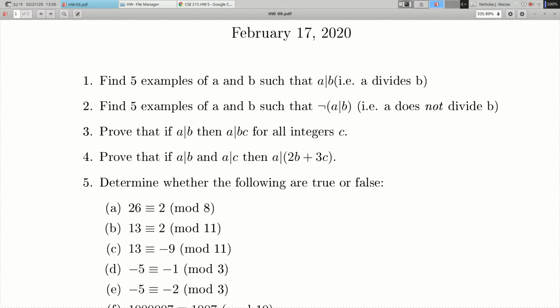So here's what we do. We have BC equals A times CQ. What is this? We want to show it's A times R, where R is an integer.